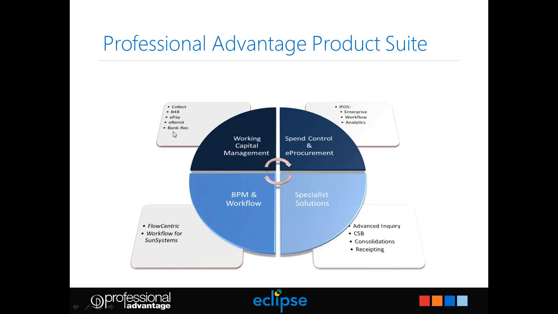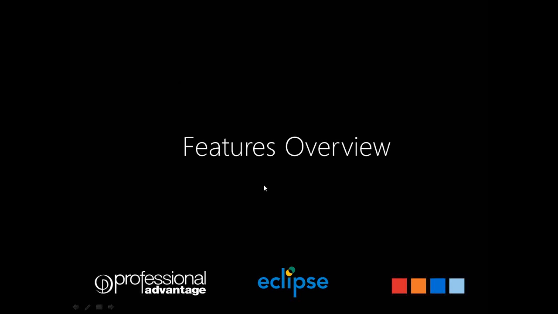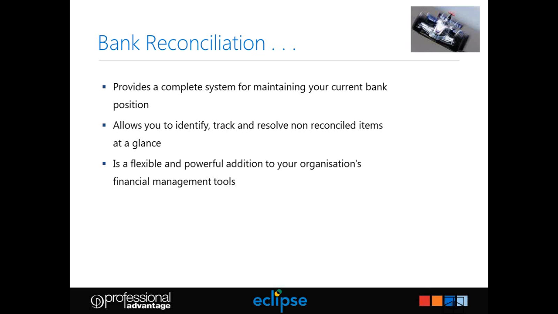It's the management of the cash in and out of the bank and making sure that all occurs on a day-to-day basis. So the system itself is a tool that works in a number of different ways. But first of all, it provides a complete method for maintaining your current bank position. That means we're able to import bank statements into the system.